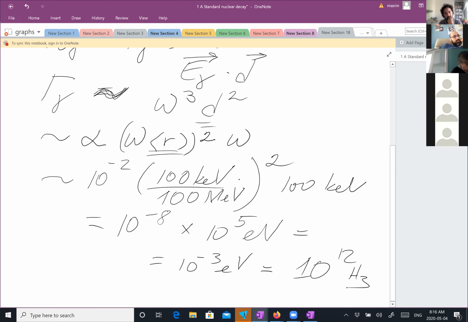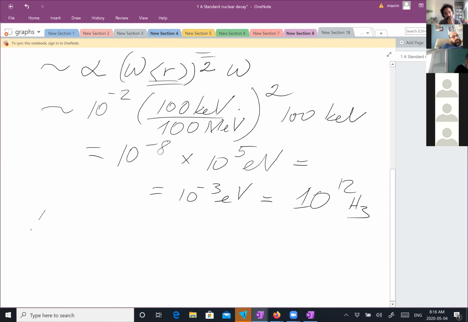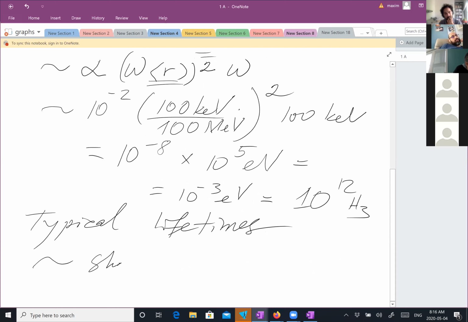So we get to the sort of typical lifetimes here, obviously at the level of very short picosecond type lifetimes for nuclei, and we all kind of understand that.